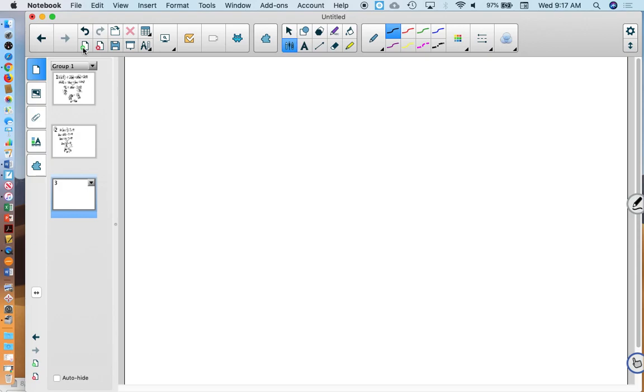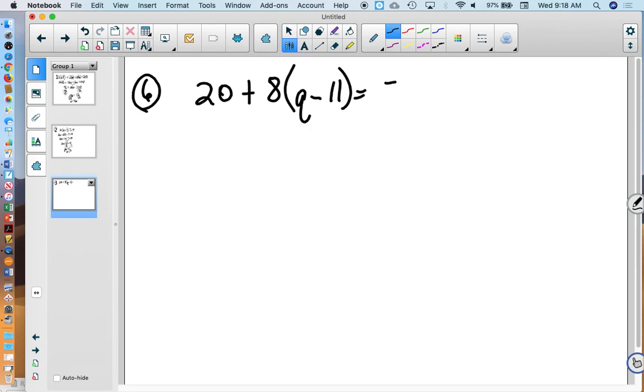Number 6: 20 plus 8 parentheses Q minus 11 equals negative 12. Distributive property.